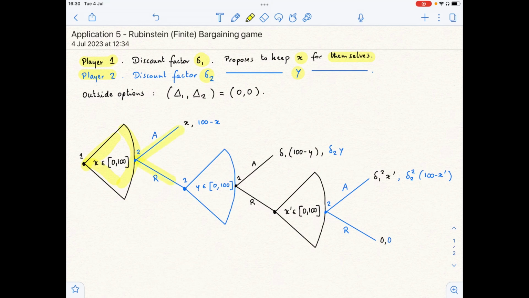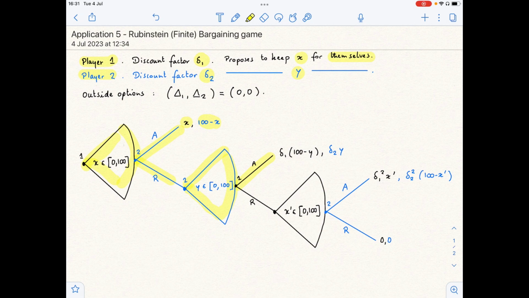If they accept, the game ends and the payoffs are X for player 1 and 100 minus X for player 2. If they reject, it's their turn to propose, and they can propose any amount between 0 and 100. And then it's player 1's turn to either accept or reject. If player 1 accepts, it's the same idea, except this time it's discounted.